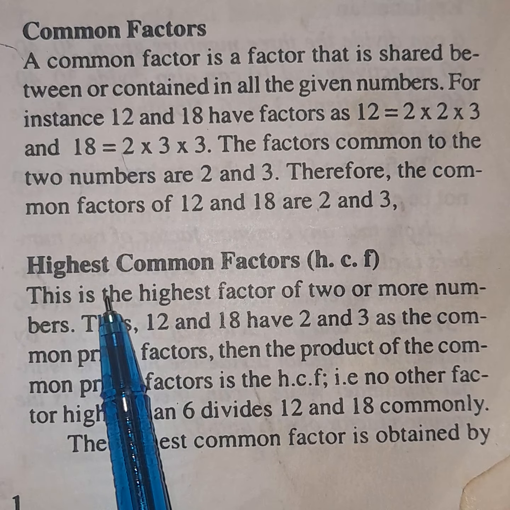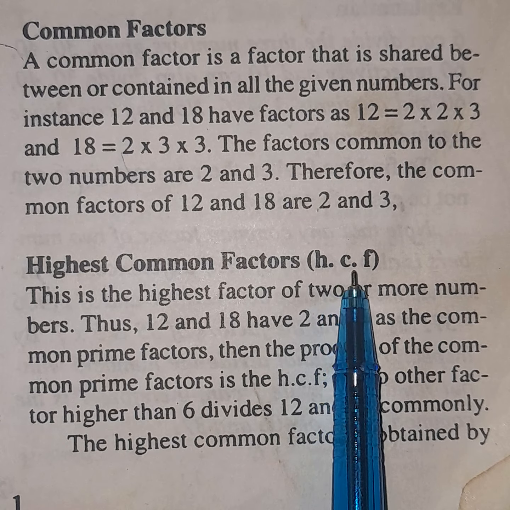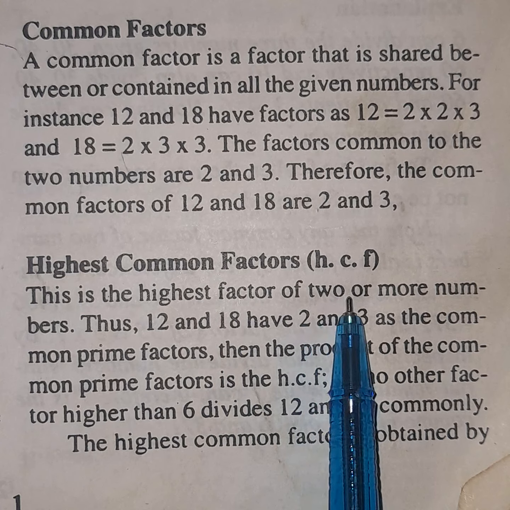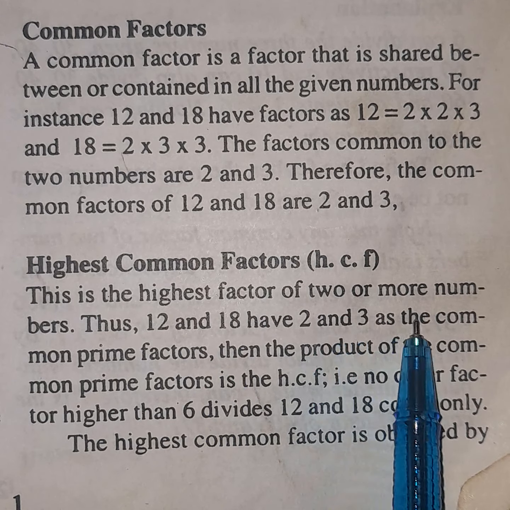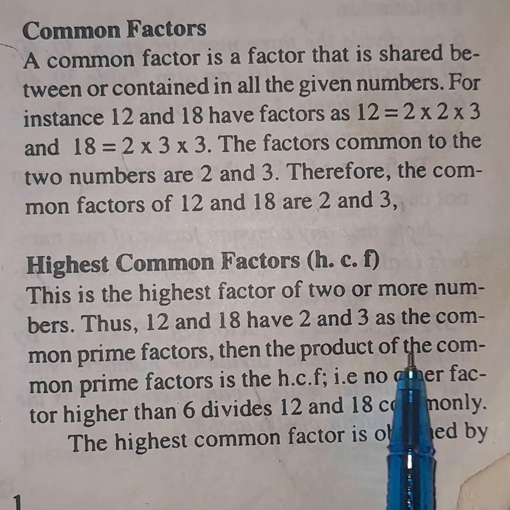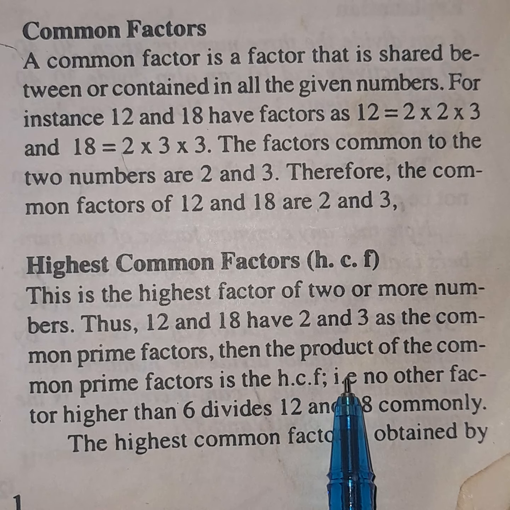Highest common factor, which is also written in short form as HCF. This is the highest factor of two or more numbers. Thus, 12 and 18 have 2 and 3 as the common prime factors. Then, the product of the common prime factors is the highest common factor.